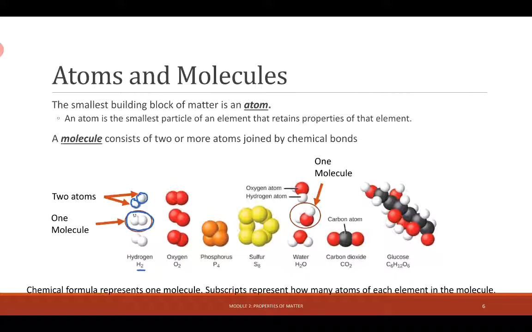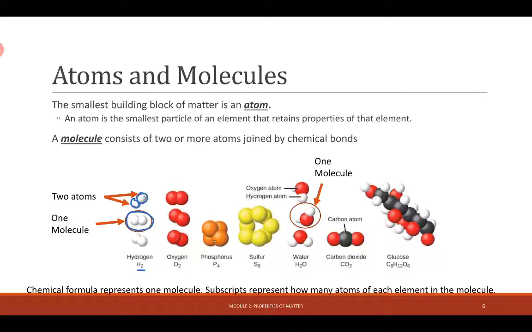It doesn't matter that we have 3 molecules of H2, it just matters that each molecule is H2. The chemical formula here represents one molecule, and subscripts represent how many atoms of each element are in that molecule. O2 is very similar to H2, only oxygen is represented by red. Each molecule here is 2 oxygen atoms, so it's represented as O2.